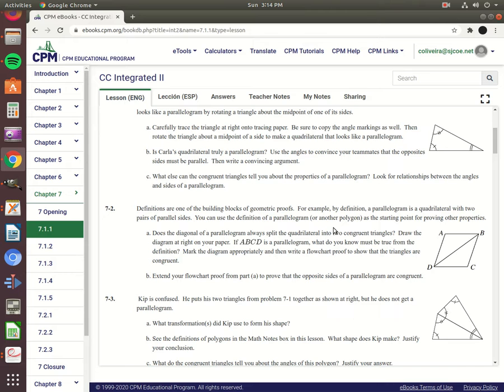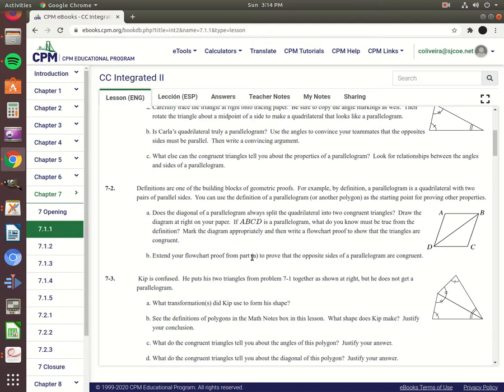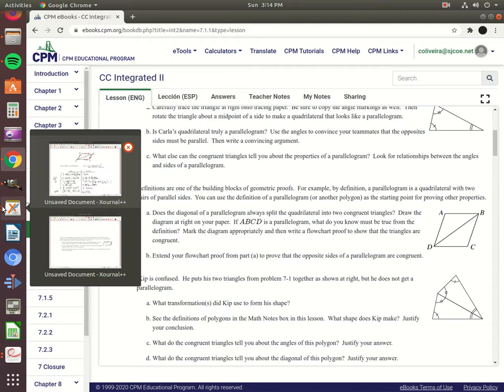You can use the definition of a parallelogram or another polygon as a starting point for proving other properties. So does the diagonal of a parallelogram always split the quadrilateral into two congruent triangles? So we proved that it did, right? It says draw the diagram at your right, and what do you know must be true from the definition. Mark the diagram appropriately, and then write a flowchart to show the triangles are congruent. So we proved those triangles are congruent, and then we extended the flowchart proof to prove the opposite sides of the parallelogram are congruent. We did all of that here.